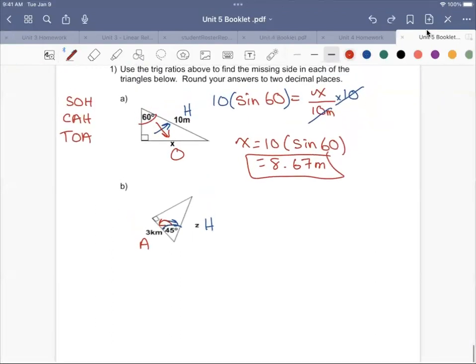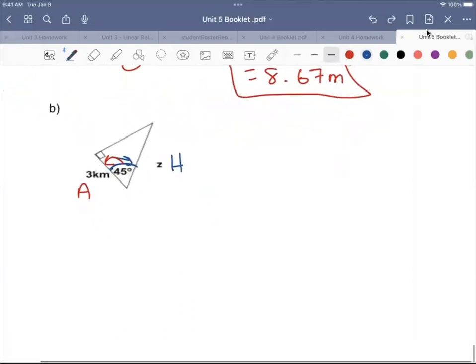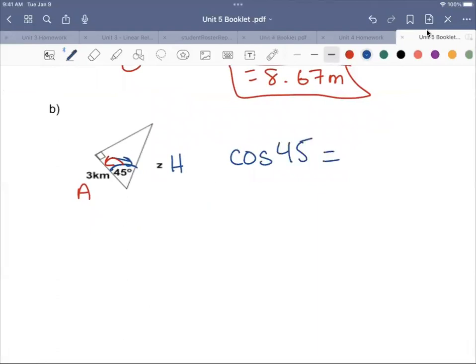I know I have the adjacent and the hypotenuse, which is cosine. So I use the cos of 45 is equal to adjacent over hypotenuse. Now I'm looking for hypotenuse. This is equal to, I meant to write the actual values in there, 3 kilometers over z. So remember, this is over 1.